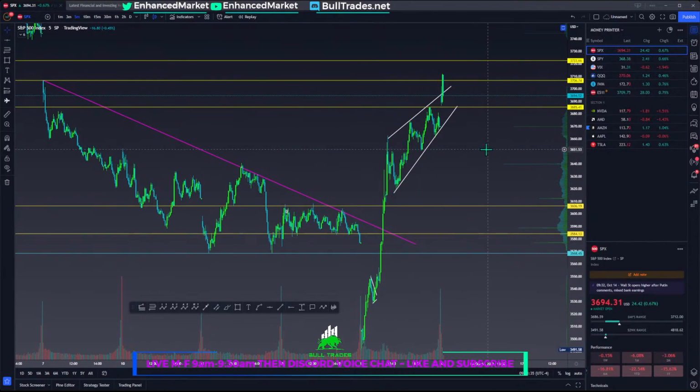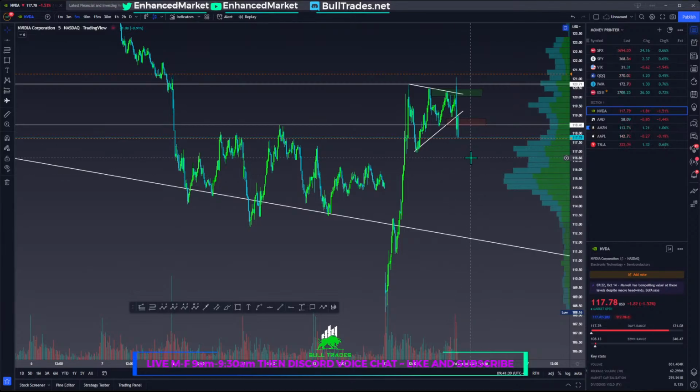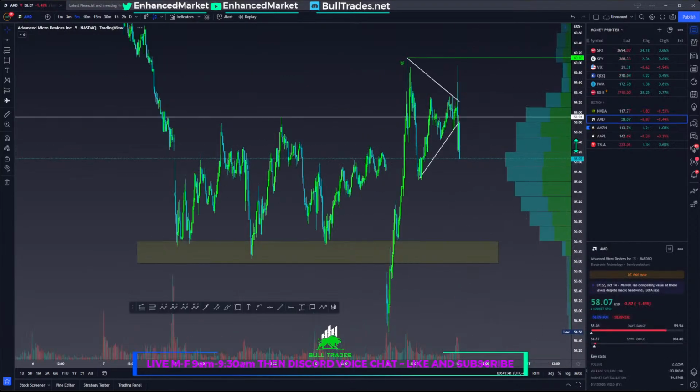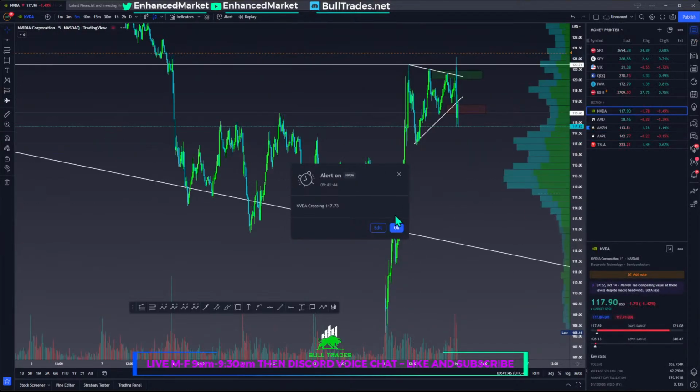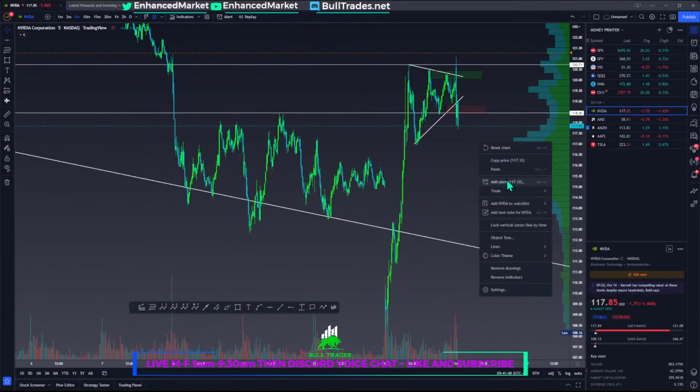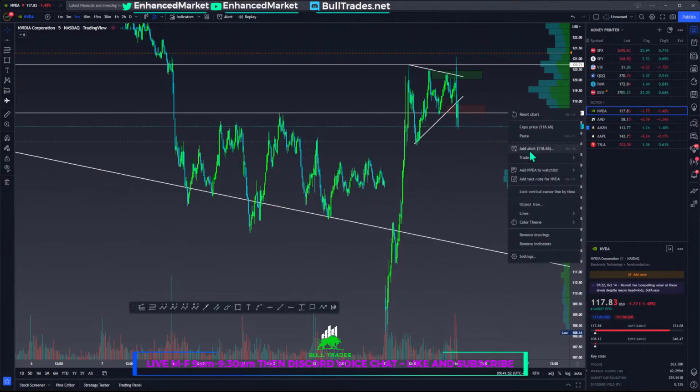Right, so look how it rejected this previous resistance. Right, Nvidia is making new lows. AMD is making new lows. Amazon. All right, getting the alert now. Send an alert here at the bottom now. All right, gonna send an alert up above as well.